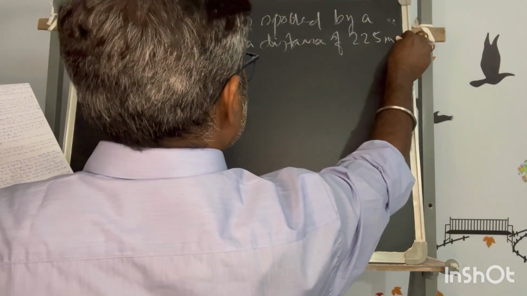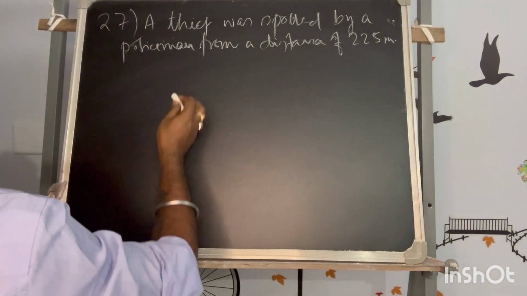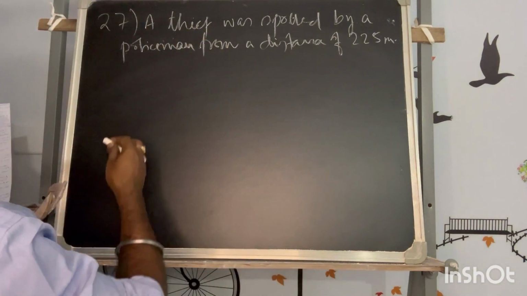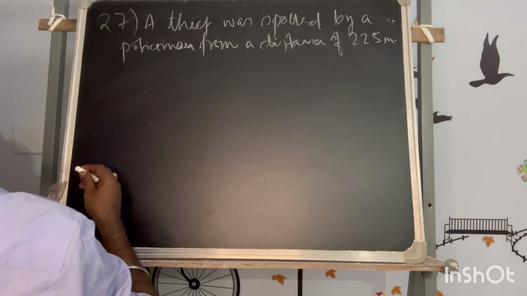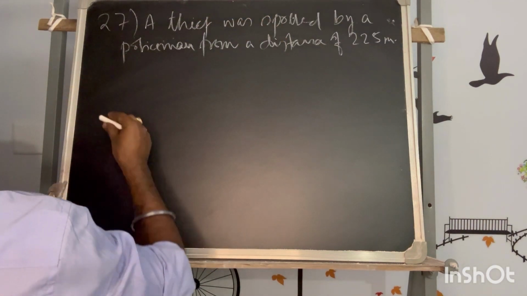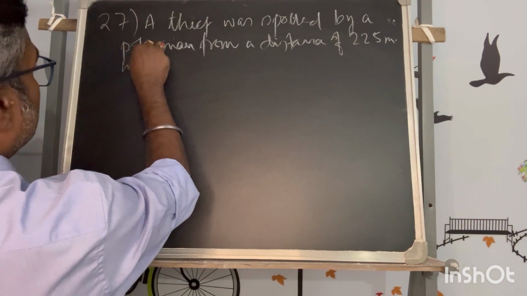So now you can guess what could be the direction of movement of the thief when he can see a policeman. That's why this direction is not given. This is an obvious thing to be understood.